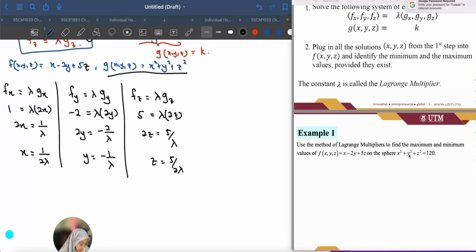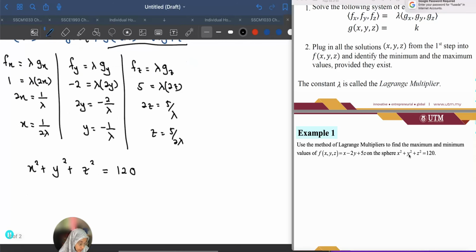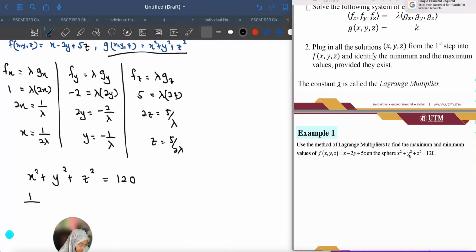So you have x squared plus y squared plus z squared equal to 120, right? And then x squared will give you 1 over 4 lambda squared plus 1 over lambda squared plus 25 over 4 lambda squared equal to 120.